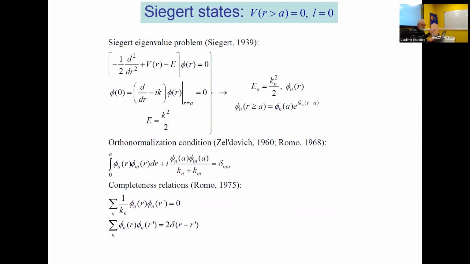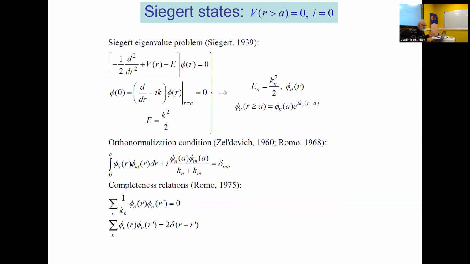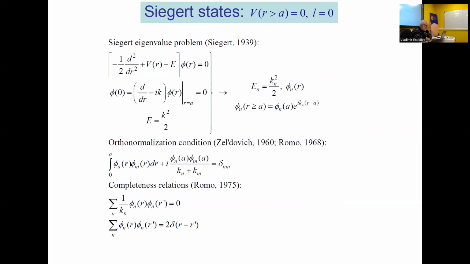Now, I prefer to divide the analytical approach presented here and here from the Siegert pseudo-state algebraic approach, which I developed myself. So in the analytical approach, everything is very difficult. To prove any of these formulas requires a lot of mathematics.